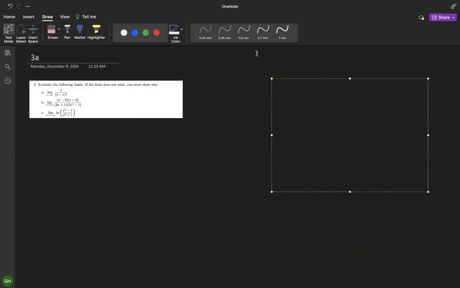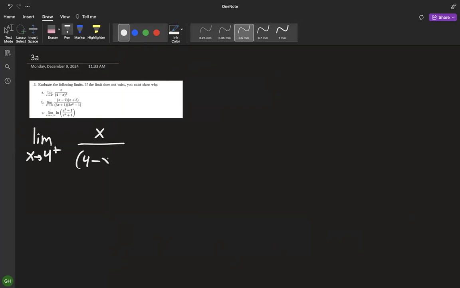So these are more abnormal limits. We're going to be dealing with things like infinity and logs. So let's take a look at this. We've got the limit as x goes to 4 from the right of x over 4 minus x to the 3. Direct substitution will give me 4 over 0.